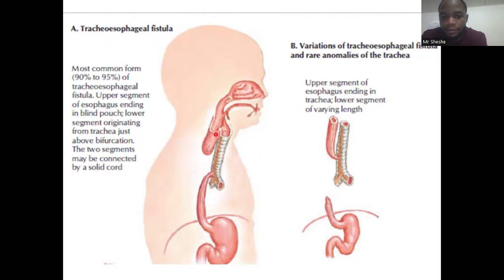Then the third layer is the muscle layer. There are two layers of muscle: inner circular muscles and outer longitudinal muscles. Circular muscles go around the tube. Longitudinal muscles are vertical. Then it's covered by an outer covering of connective tissue called adventitia. Those are the layers of the esophagus.